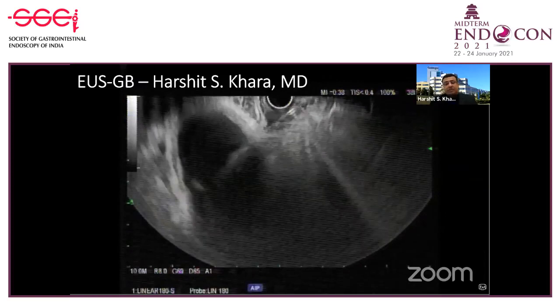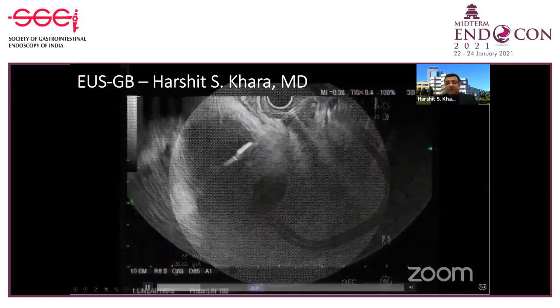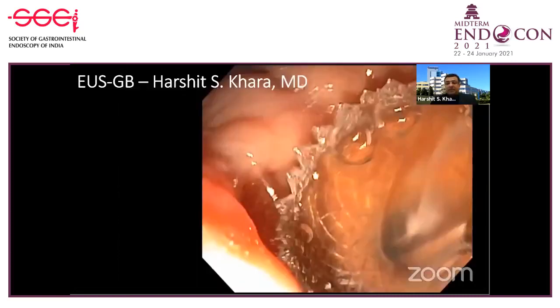Contrast is injected through the needle to get a cholecystogram, and then a guide wire is placed to get access to the gallbladder. Over this guide wire, a lumen-apposing self-expanding fully covered metal stent can be placed for endoscopic decompression of the gallbladder, as seen here in this patient video.